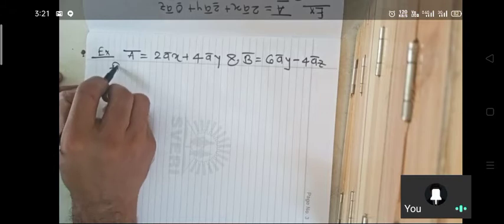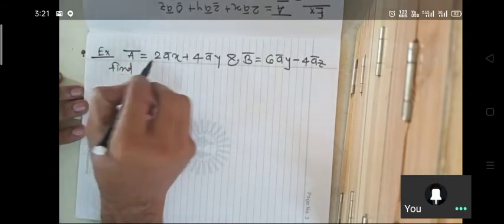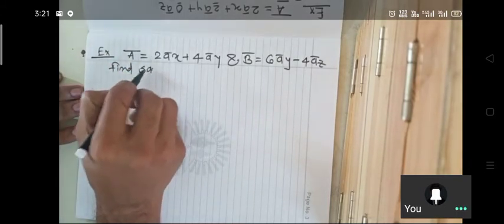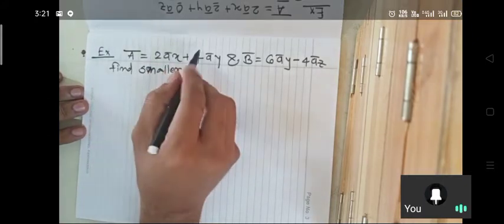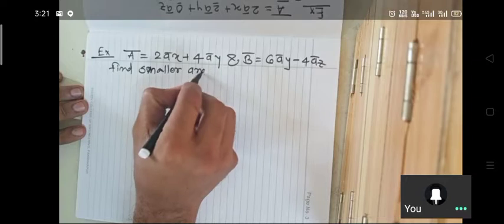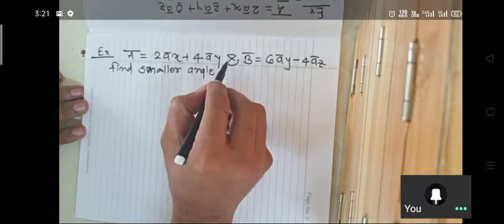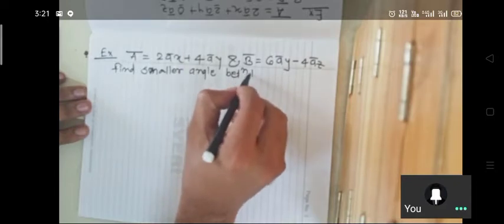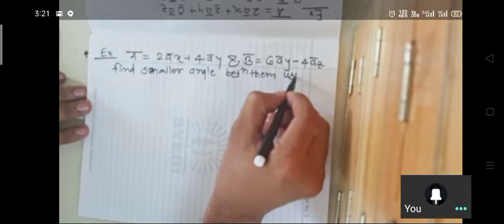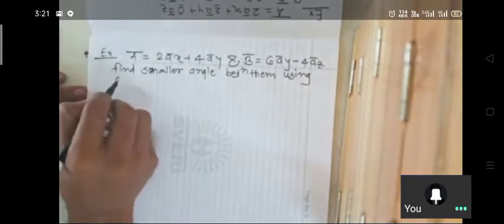The question is, find the smaller angle between them using cross product.